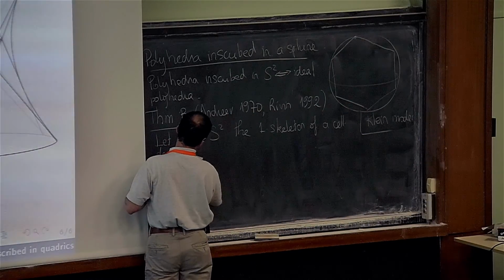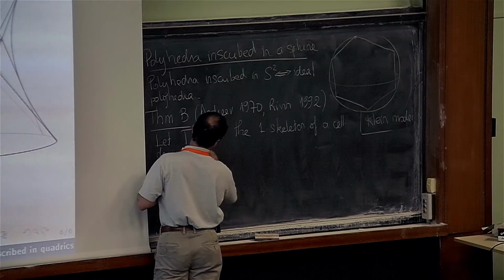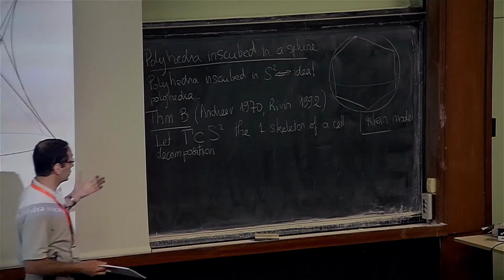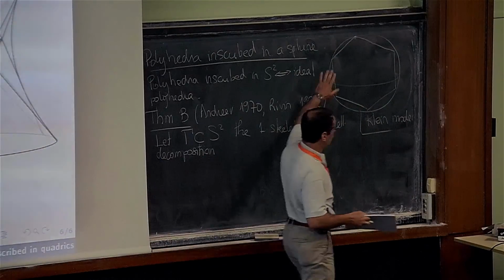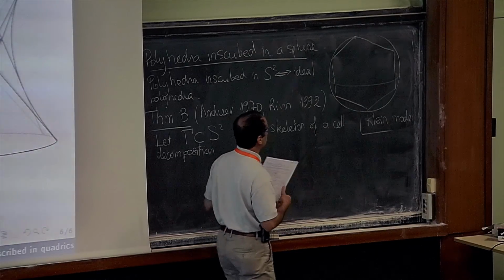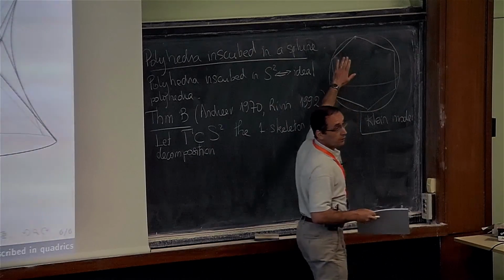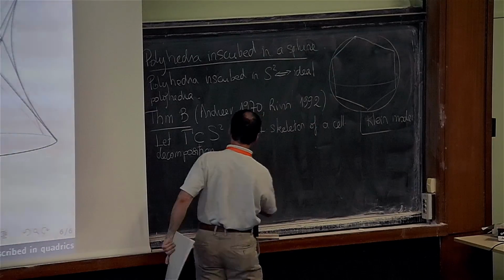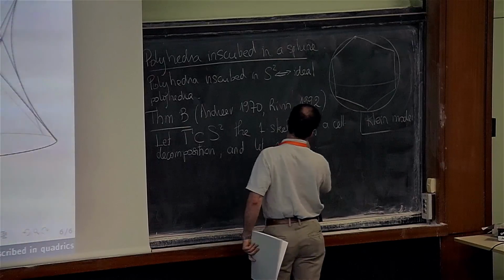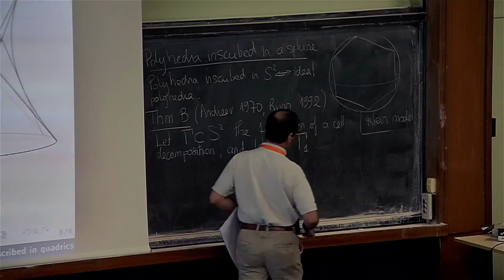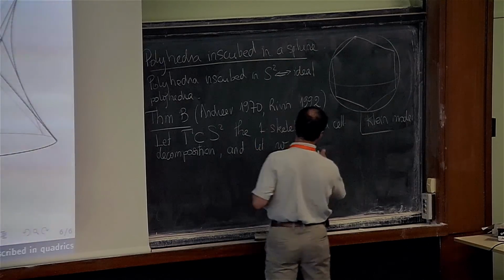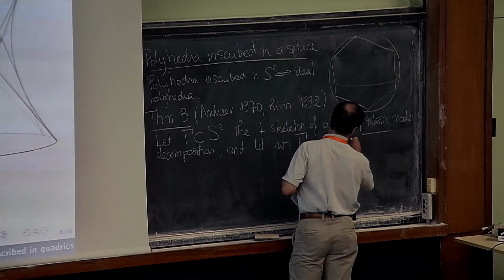This is my polyhedron, and I want to know whether this can be realized as the combinatorics, the one skeleton, of some polyhedron inscribed in the sphere, or in other terms, some ideal hyperbolic polyhedron, with given dihedral angles on the edges. For this, I'm going to choose a function w from gamma 1, which for me is the set of edges of gamma, to the interval from 0 to pi.